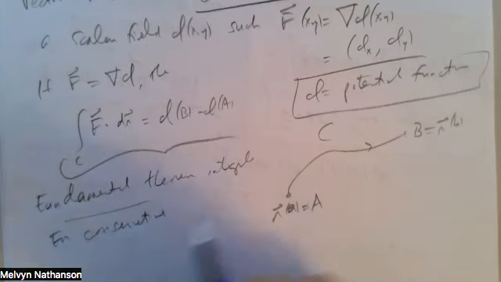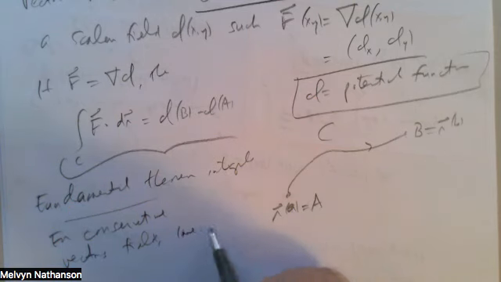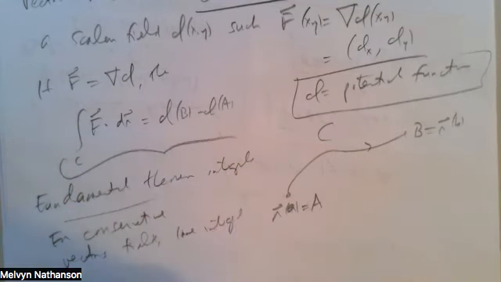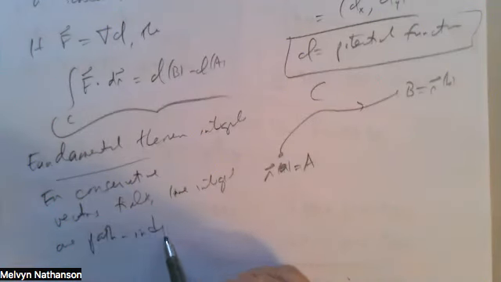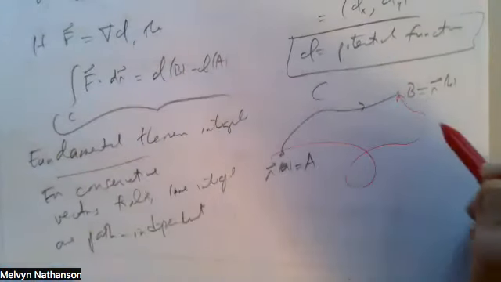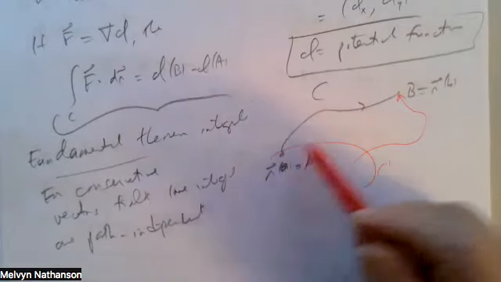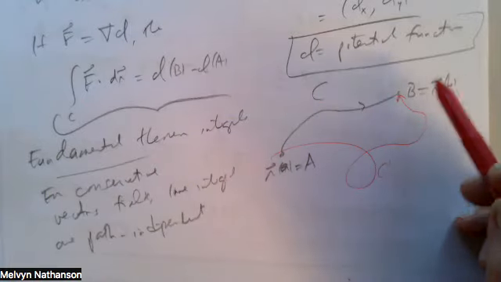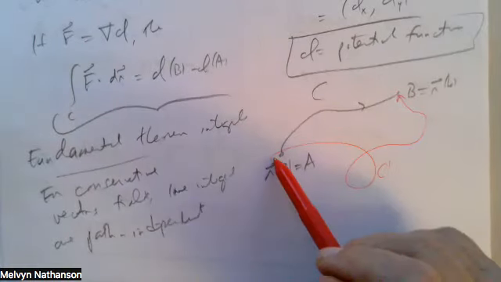So for conservative vector fields, the line integrals are path independent. So if you had another path from A to B, and you integrate along C prime, the line integral along this path, again, it's just the difference of the value of the potential function at the endpoint and at the starting point.